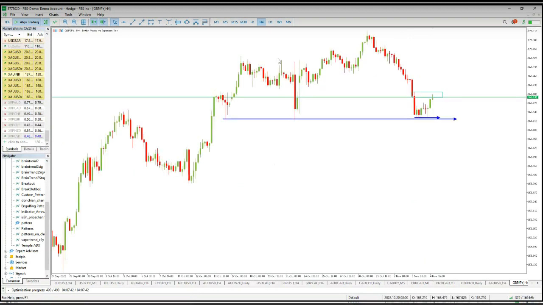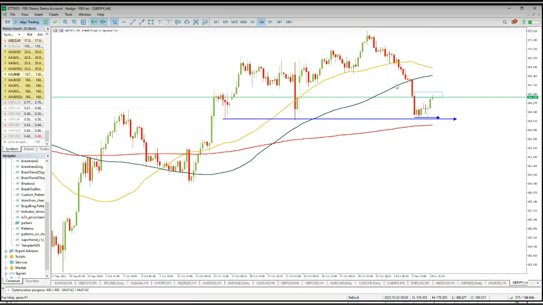But nonetheless, I think that we've created imbalances that need to be filled. So there's a possibility that price comes all the way up here to fill up this imbalance, take out this equal highs liquidity, such that price does this and then this.